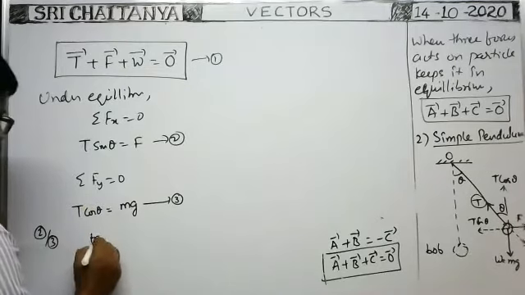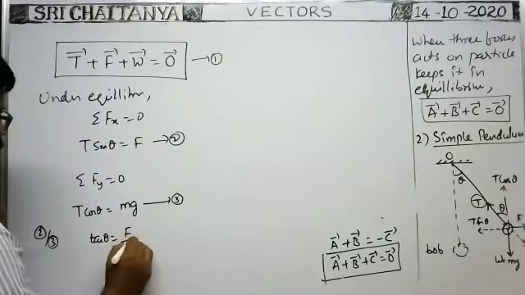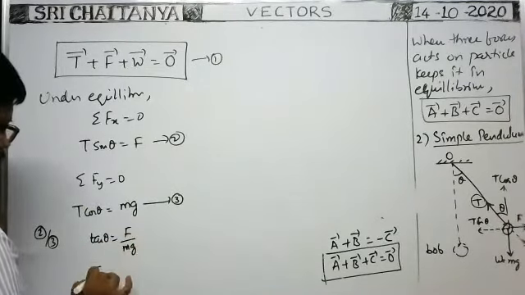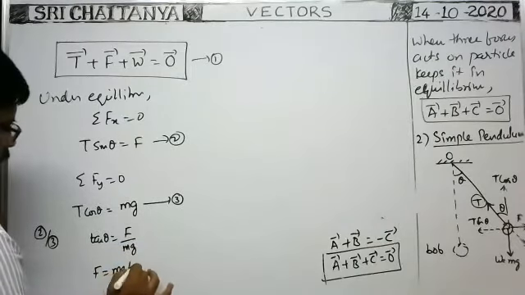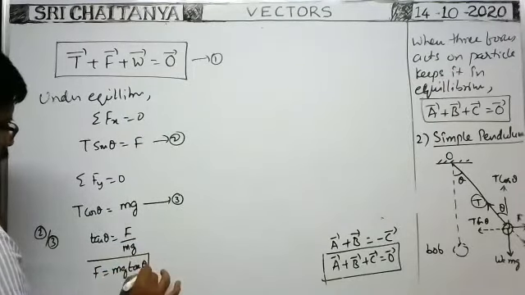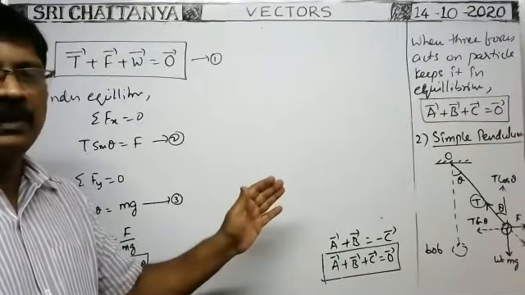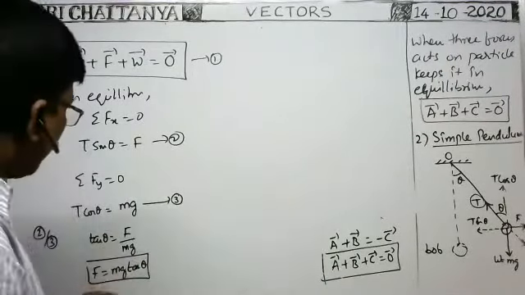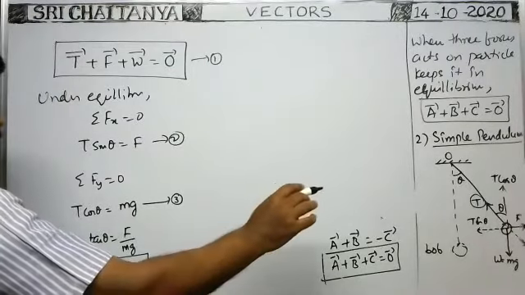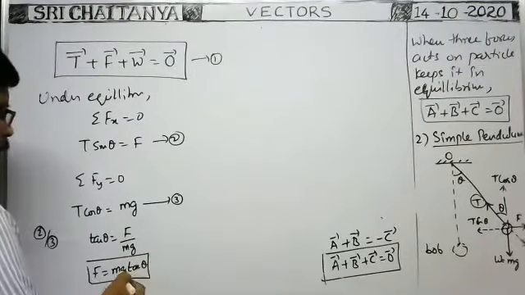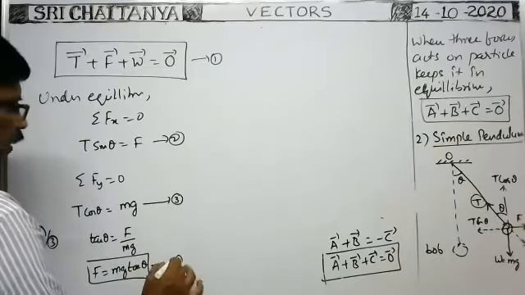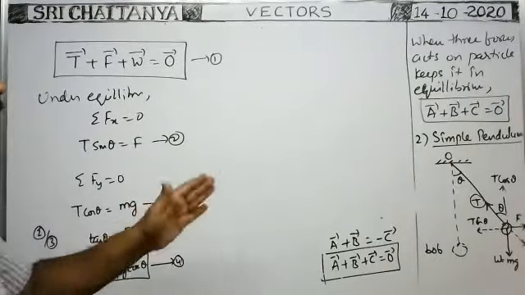Sin theta by cos theta means tan theta is equal to F by mg, or F is equal to mg tan theta. So whenever three vectors act on a particle simultaneously, the horizontal force applied on the bob is equal to mg tan theta, where theta is the angle made by the pendulum with the vertical.